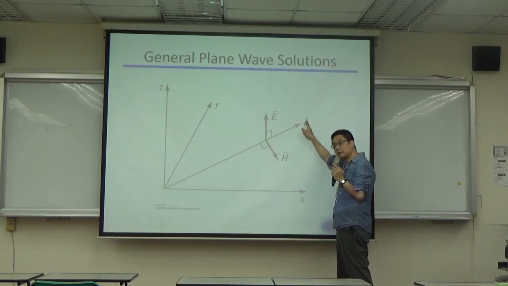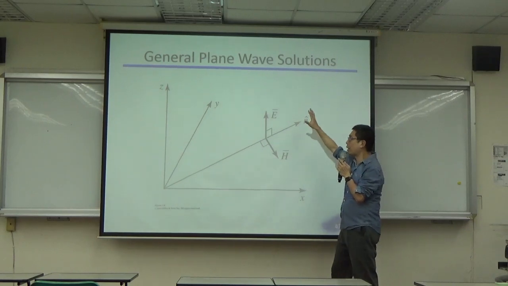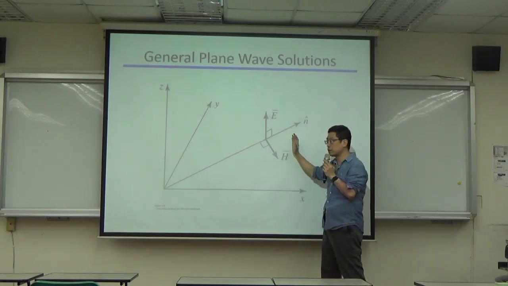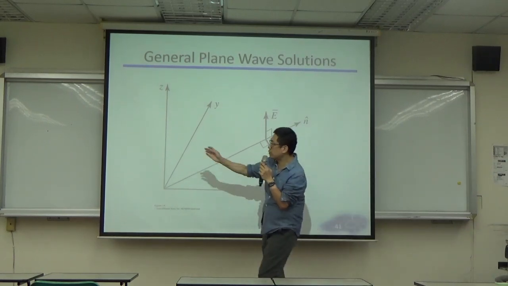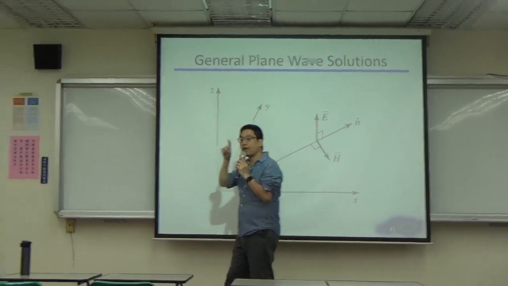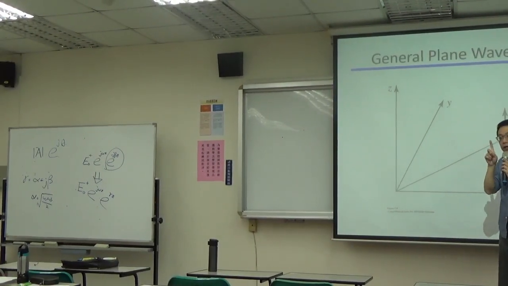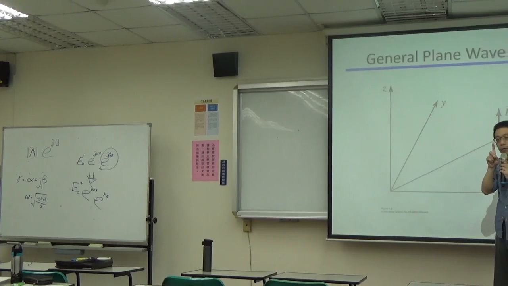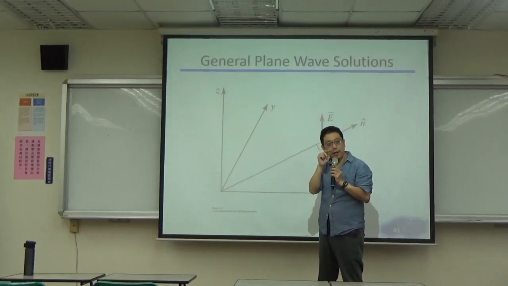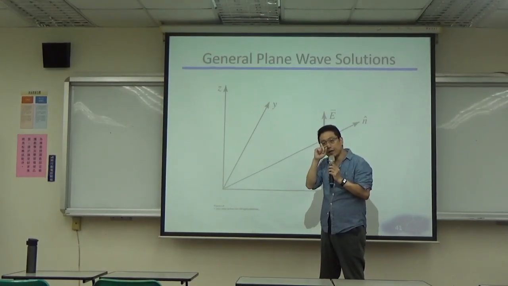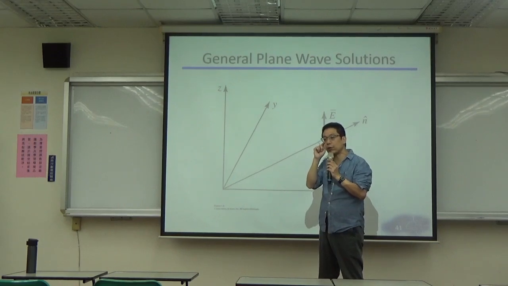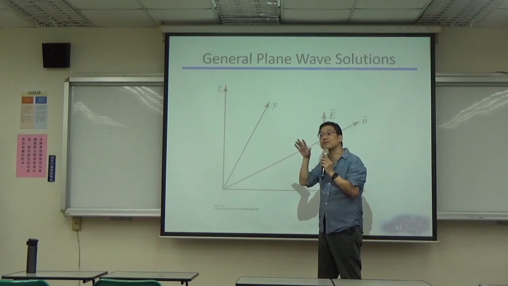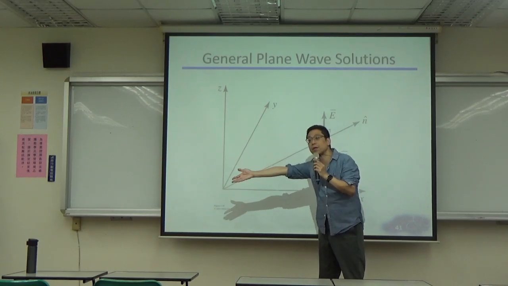And the reason why I write it in this form is because, for this example, my electric field is in the direction of X, my magnetic field is in the direction of Y, and my propagating direction is positive Z, right? This is for our example.